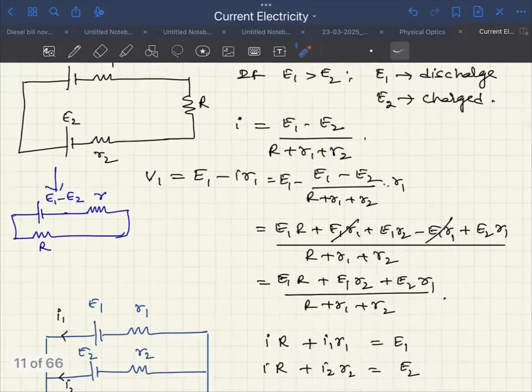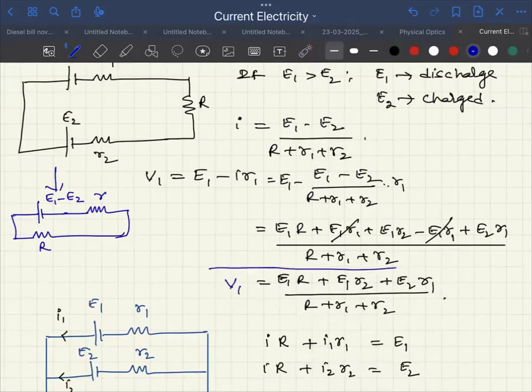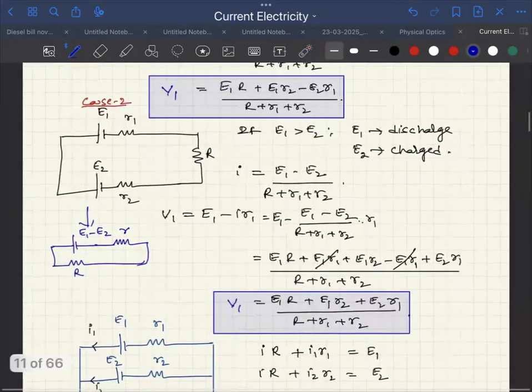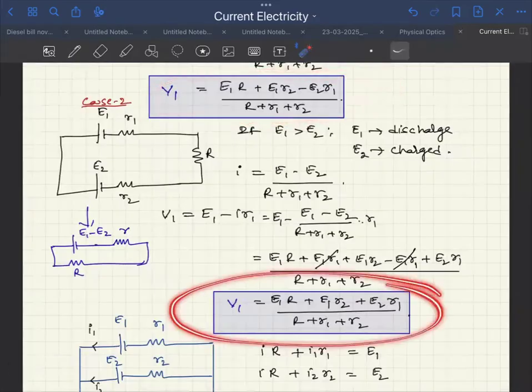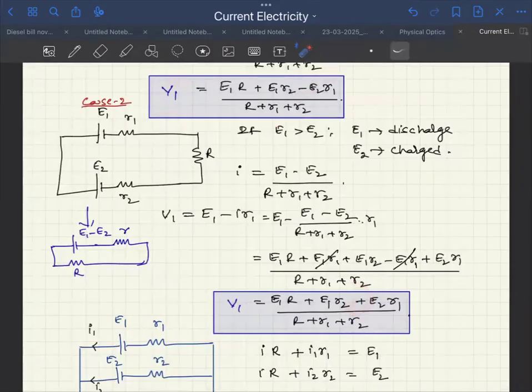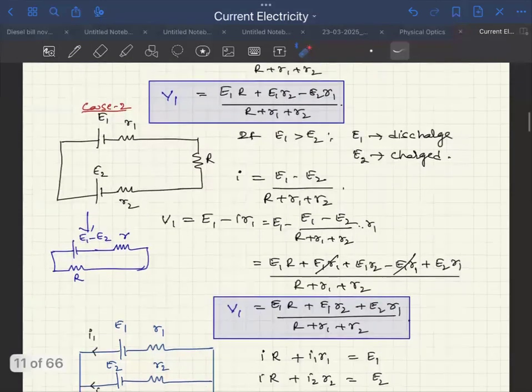E1 minus I r1. I am doing all the substitution. Finally, I got V1 equal to this relation. Please see the difference. Same V1, but you have a minus sign here, and you have a plus sign here. Similarly, you can find it for the other cell also.